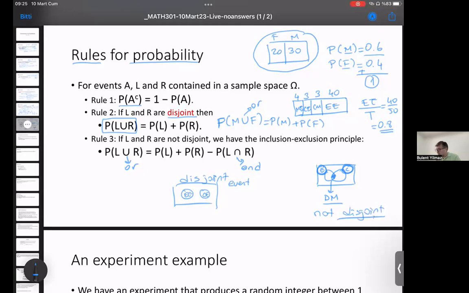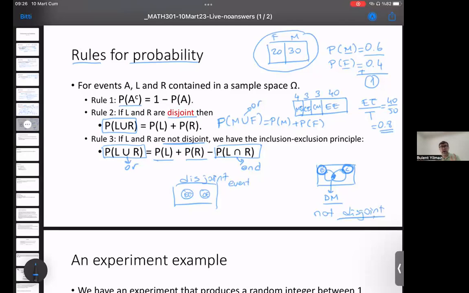In this case, if it is not disjoint, if there is an overlap, and I'm trying to find the probability of EE or CE, then I say the probability of choosing an electrical engineering student plus the probability of choosing a computer engineering student, minus the probability of choosing both electrical and computer engineering, which are double major students.